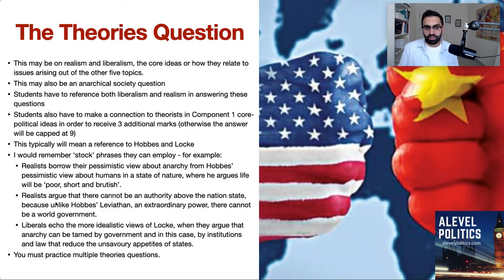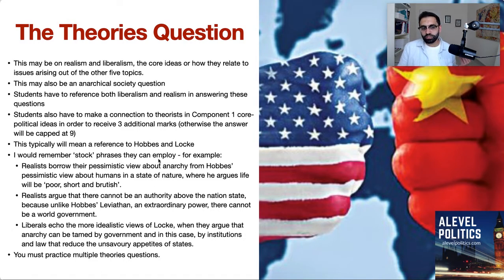Realists argue that there cannot be an authority above the nation state because, unlike Hobbes's Leviathan, an extraordinary power, there cannot be a world government, right? Again, a link back to Hobbes. Liberals echo the more idealistic view of Locke when they argue that anarchy can be tamed by government, and in this case by institutions and law that reduce the unsavory appetites of states.